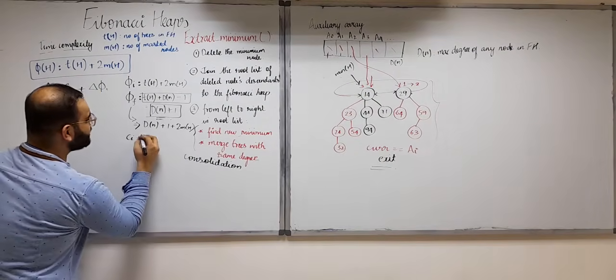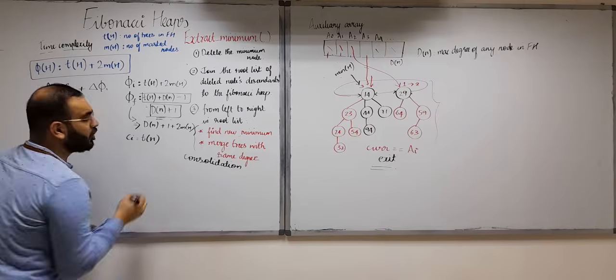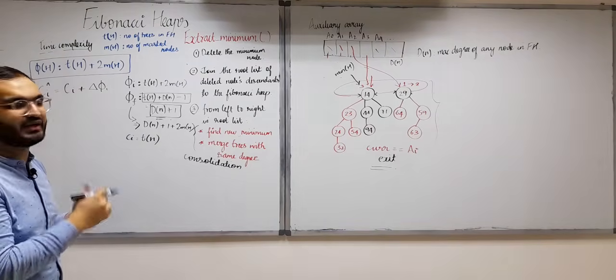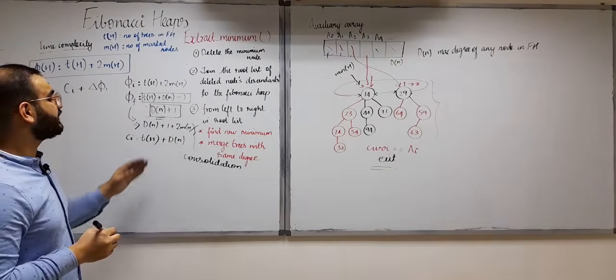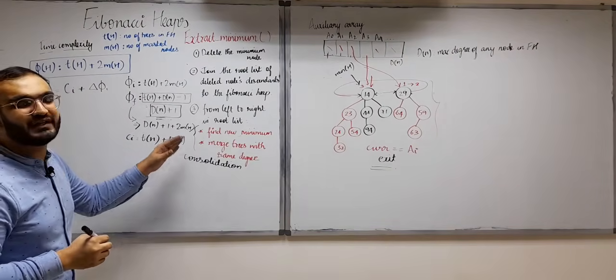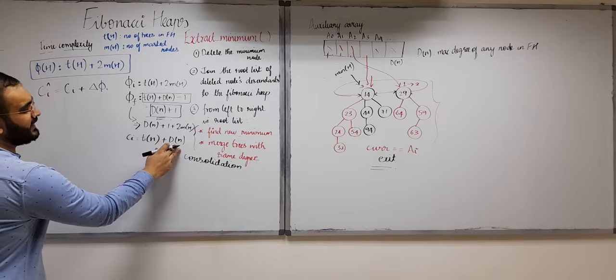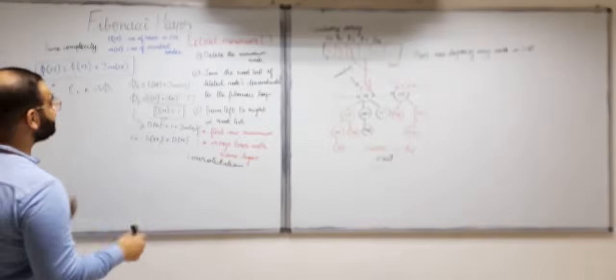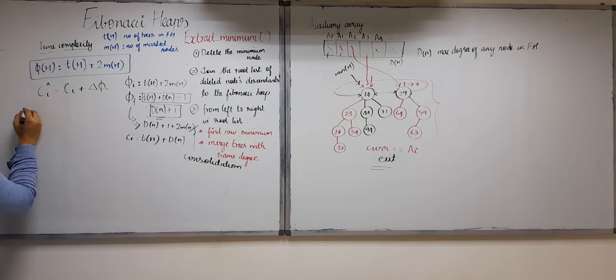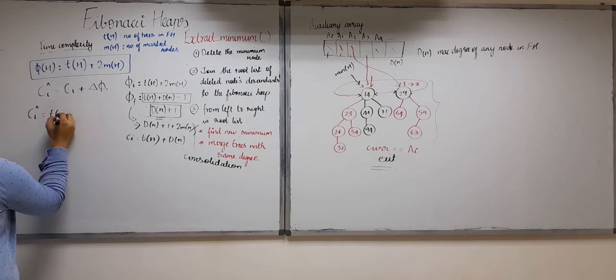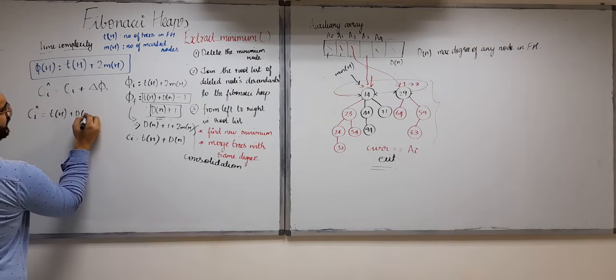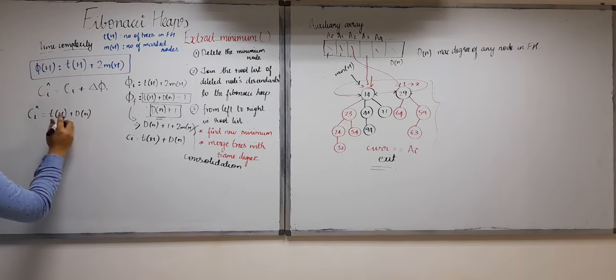So what will be that value? t(H), or the original number of trees in our list, plus D(n), or you can say the maximum degree of the deleted node, that is D(n) in a Fibonacci heap, right? So now if I find out c_i hat, that is equal to t(H) plus D(n), that is our actual cost.